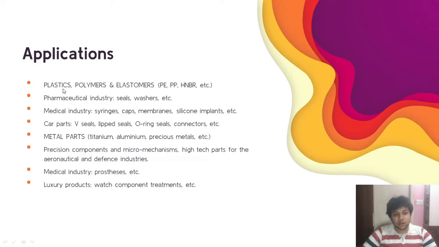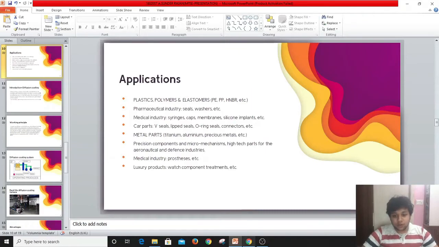Some of the applications are that they are used in plastics, polymers and elastomers, and in pharmaceutical industries they are used in the treatment of seals, washers, etc., and in medical industries they are used in syringes, caps, membranes, silicone implants, etc., and in car parts it's used in V-seals, lip seals, O-ring seals, connectors, etc., and in metal parts they are used in the treatment of titanium, aluminum and precious metals, etc., and it is used in precision components and micromechanisms, high-tech parts for the aeronautical and defense industries, and again in medical industries it is used in prostheses, etc., which means the artificial body parts which are implanted into the human body, and in luxury products, which is watch component treatments, etc. So this is about the ion implantation process, and now I have a small video to show the ion implantation process.